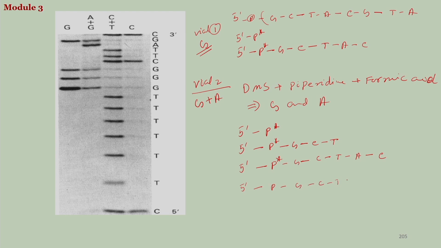G, C, T, A, C, G and T, A would be cleaved. So, we will get these fragments from vial 2, which basically destroys both G and A.